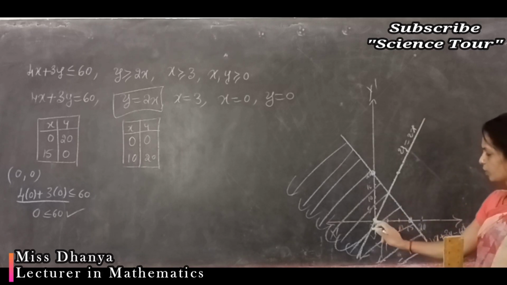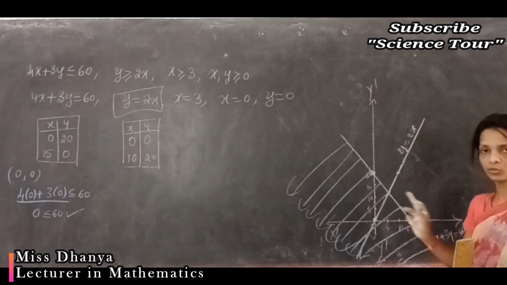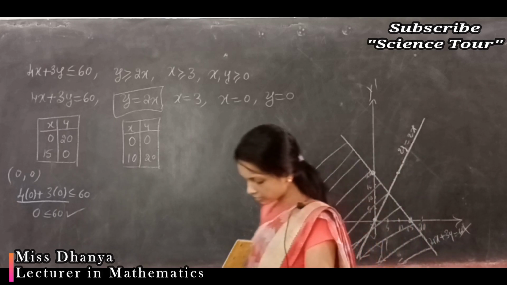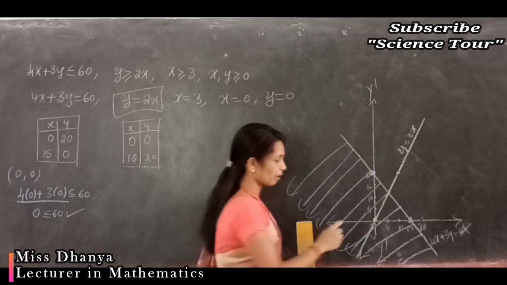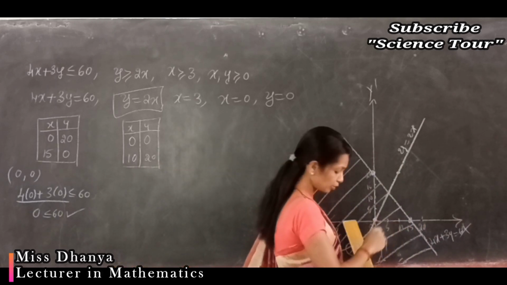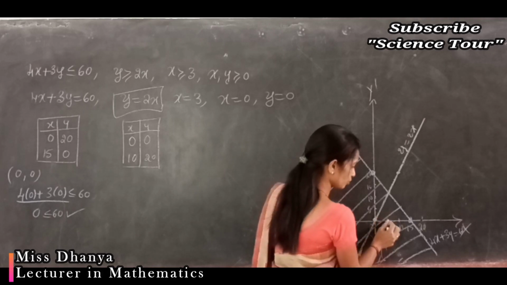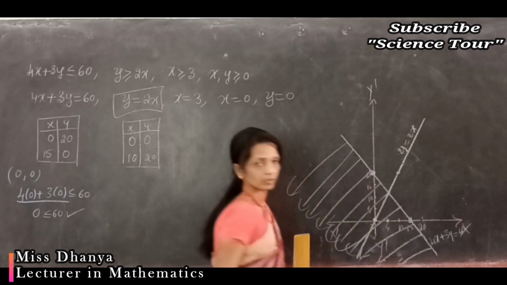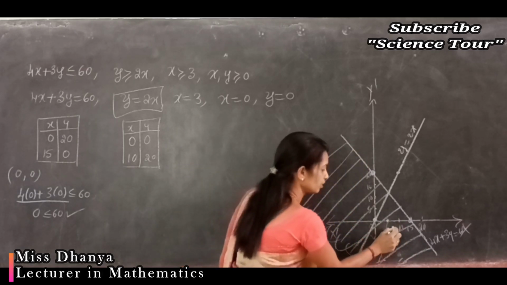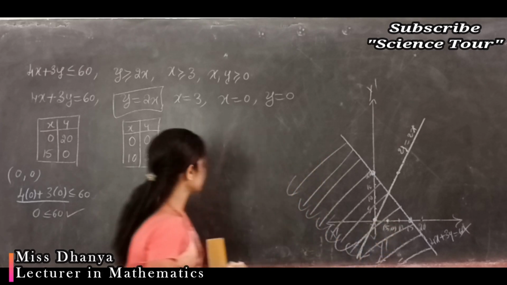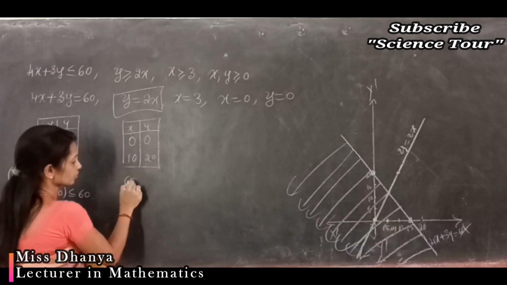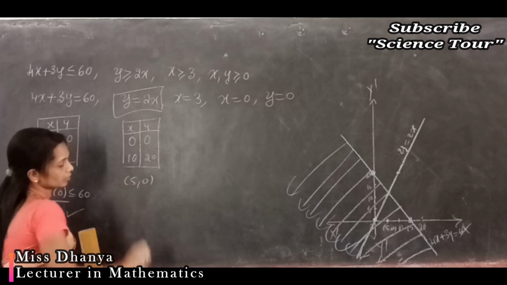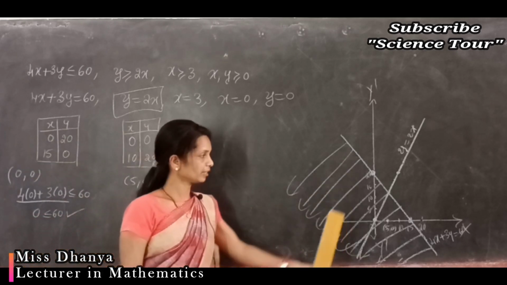Now the point 0, 0 is on this line, so you cannot take 0, 0 as a checking point. So I'll take on the x axis the first point you can see here, 5 comma 0. Okay, that point I'll take as a checking point for the second inequality. Why did we take that? Because it is not on the green color line.